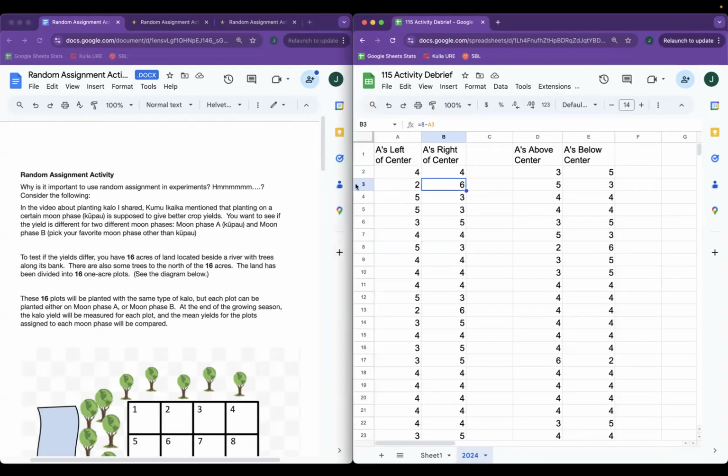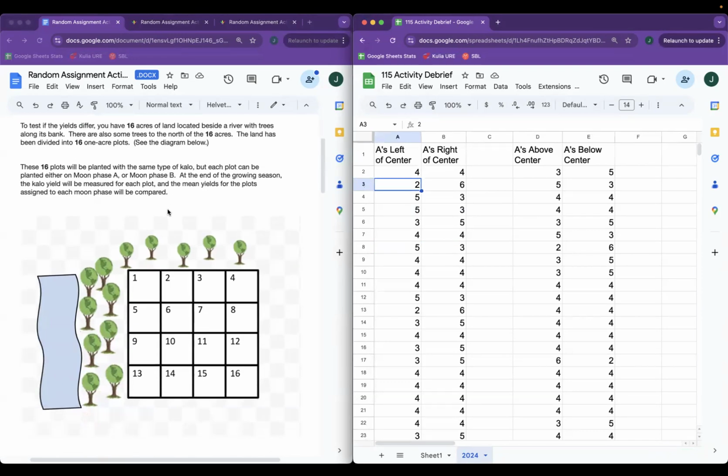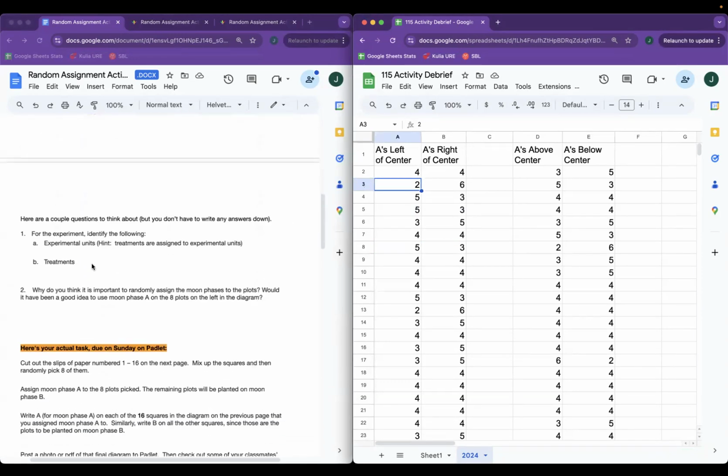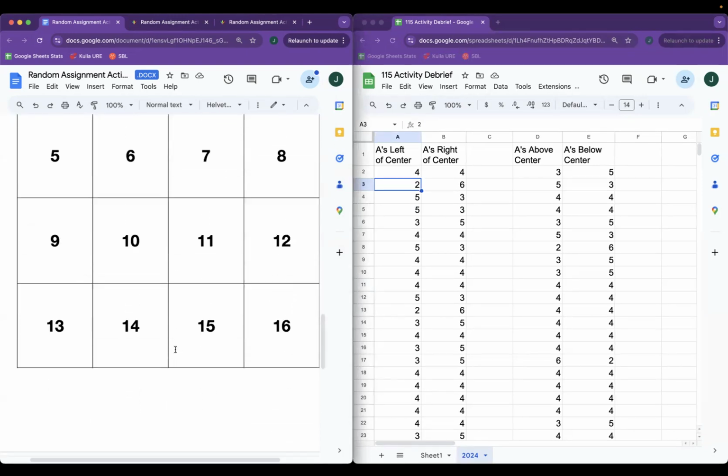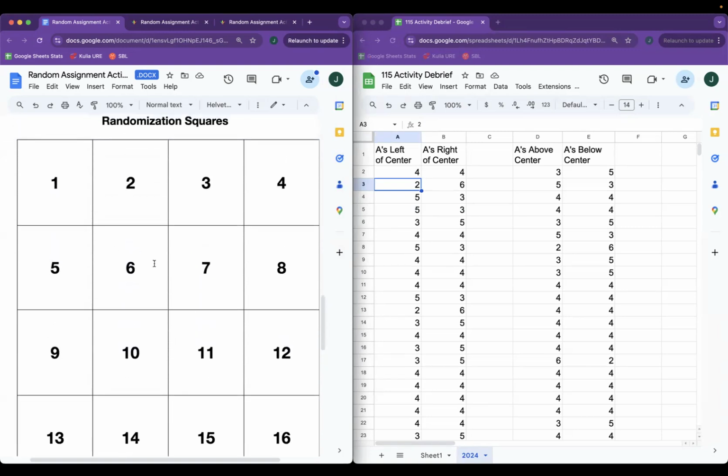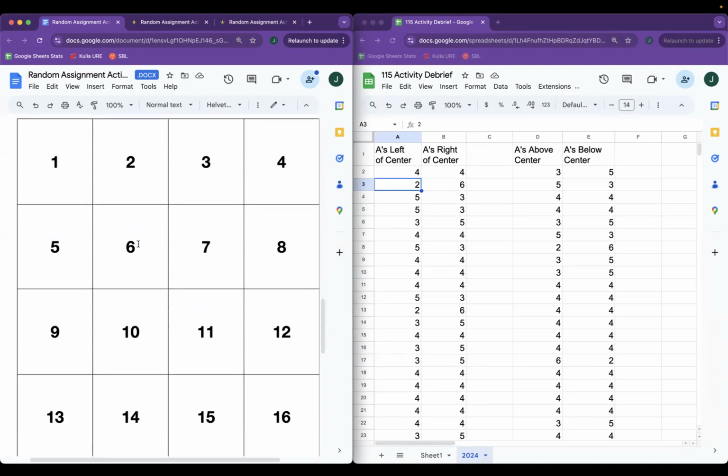But anyways, coming back to the experiment debrief, let me just answer the questions with you guys. Starting with: what are the experimental units and what are the treatments? The experimental units in this case would be the land plots, represented by these randomized squares that you picked out and then plotted in the discussion post that you made on our Padlet, right?